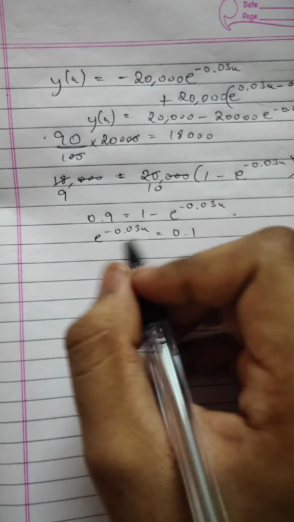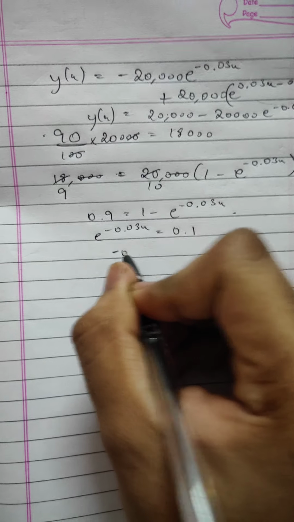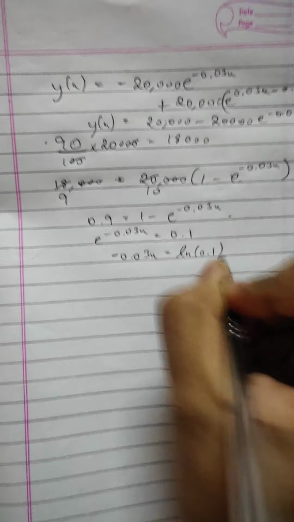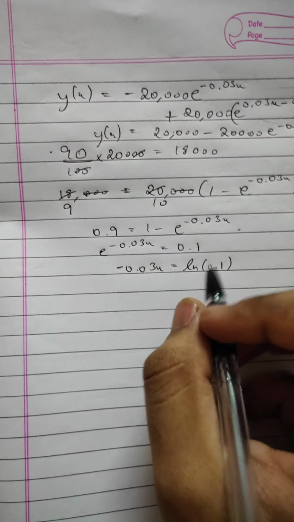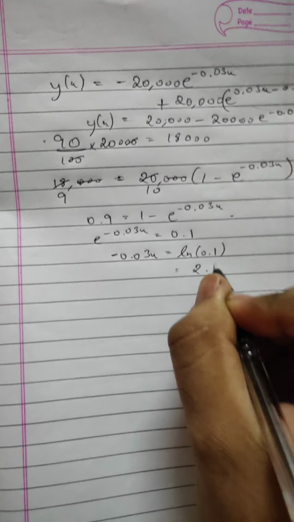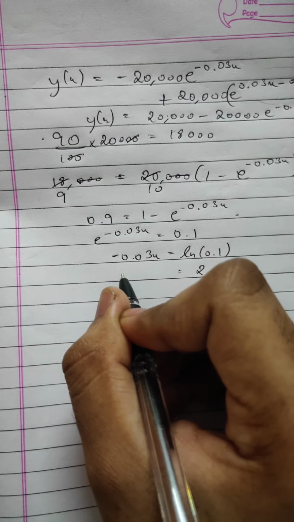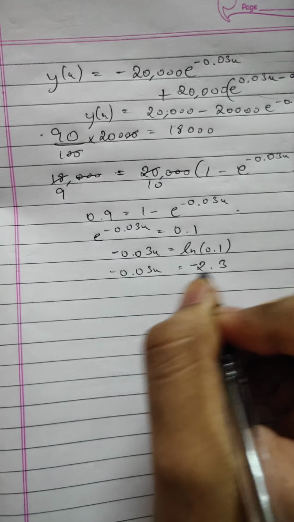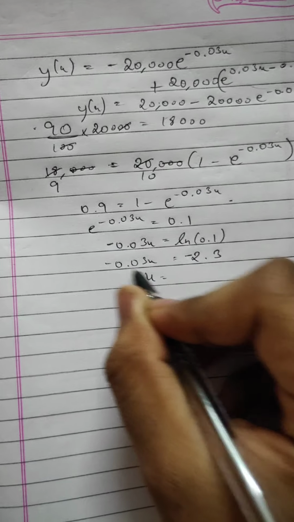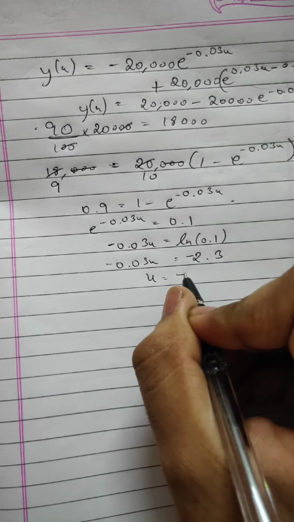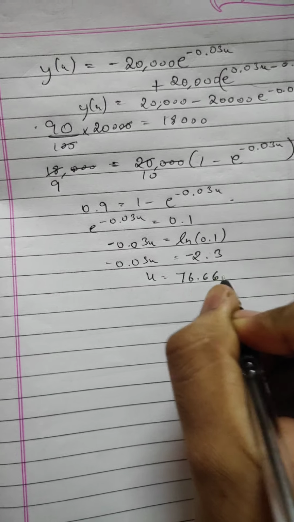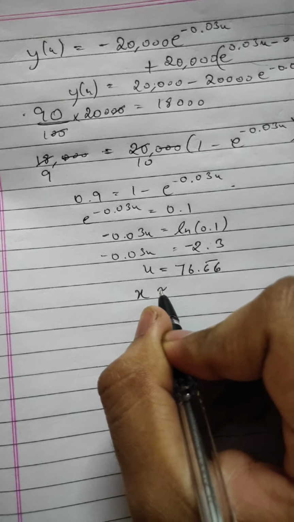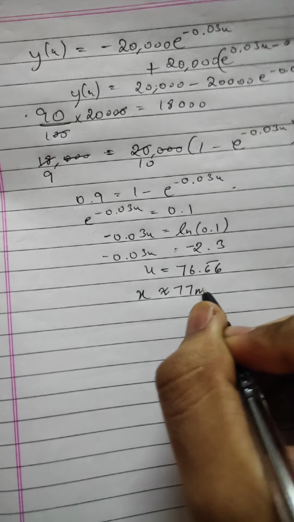Now I'm taking ln on both sides, so I'll have minus 0.03x equals ln of 0.1. Ln of 0.1 is minus 2.3, and minus 0.03x. So x would be, when we divide these two, we get 76.66 recurring. So we can approximate it to 77.